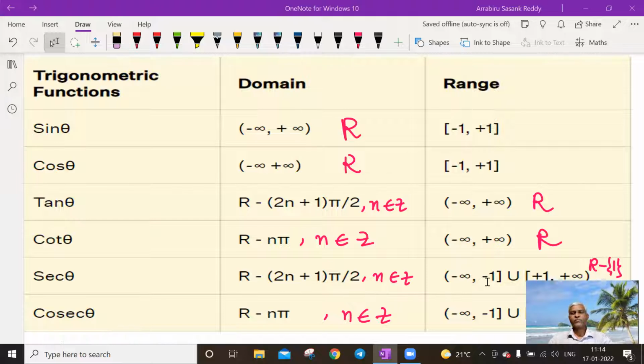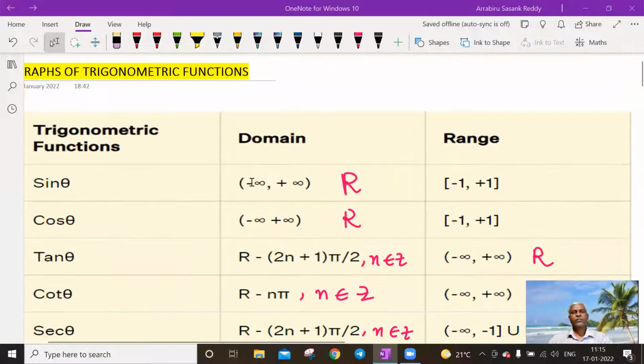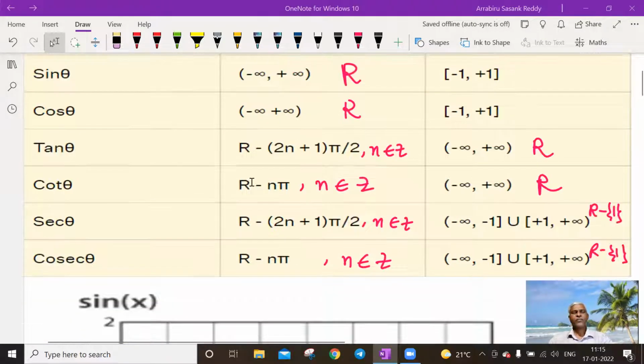Except 1, the set of real numbers. Cosec theta, R minus n pi is the domain. And the range is again except 1. So these are the domain and range of trigonometric functions: sine, cos, tan, cot, sec, cosec.